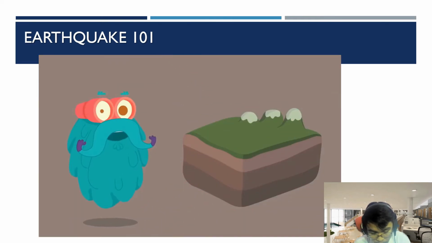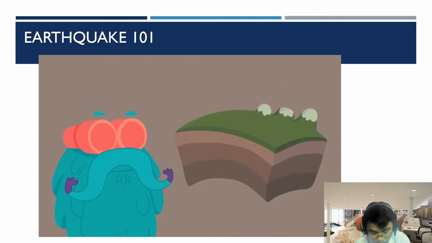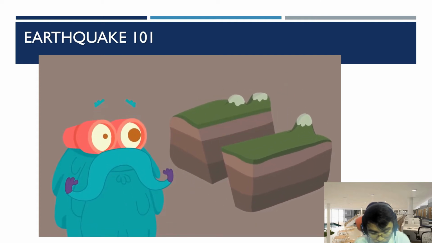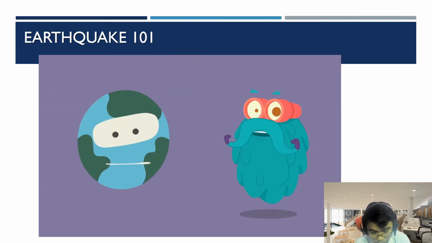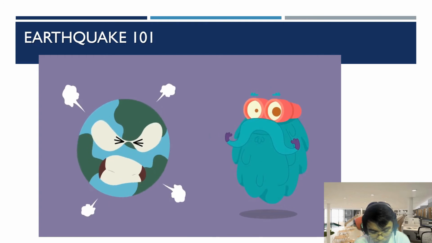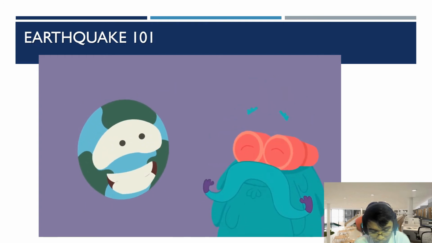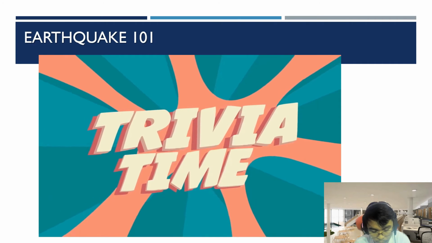So, earthquakes are nothing but the shaking, rolling, or a sudden shock of the Earth's surface. Now you know that whenever the Earth is stressed or angry, it shakes and grumbles. Don't be scared. I was just kidding. Trivia time!